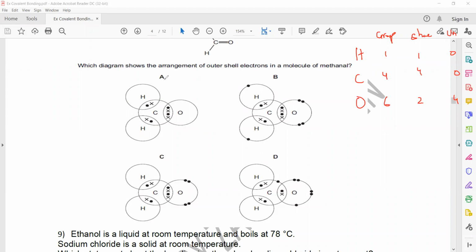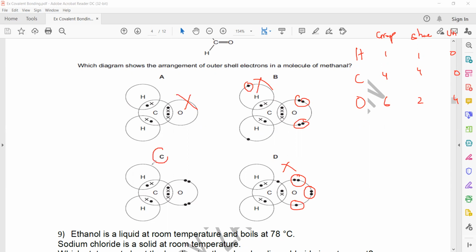When we check A, oxygen does not have any unshared electrons, so it cannot be A. In B, oxygen has 4 unshared, but hydrogen should not have any unshared and it has 1, so it cannot be B. In option D, oxygen has 5 unshared electrons, 1, 2, 3, 4, 5, but it should be 4, so D cannot be right.